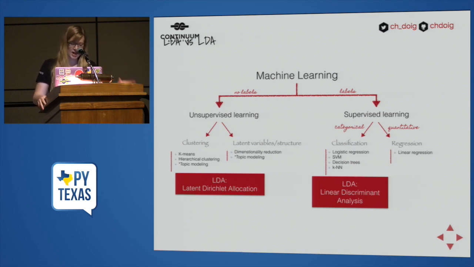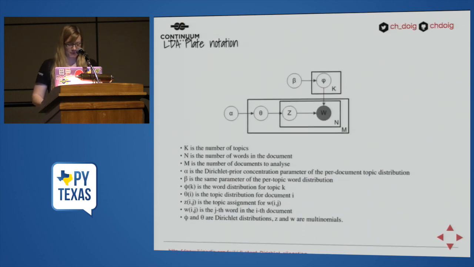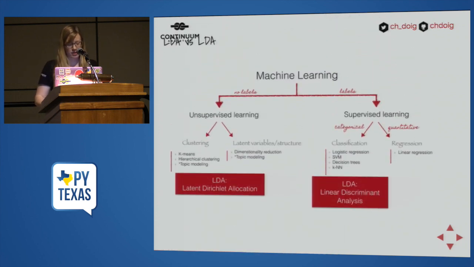As we mentioned, today we're talking about the unsupervised learning one, the Latent Dirichlet Allocation. And then there's the other one, called linear discriminant analysis, that's for supervised learning. I also wanted to mention that currently in scikit-learn 0.16, the LDA that they have implemented is the supervised learning one, so not the one we're using right now.